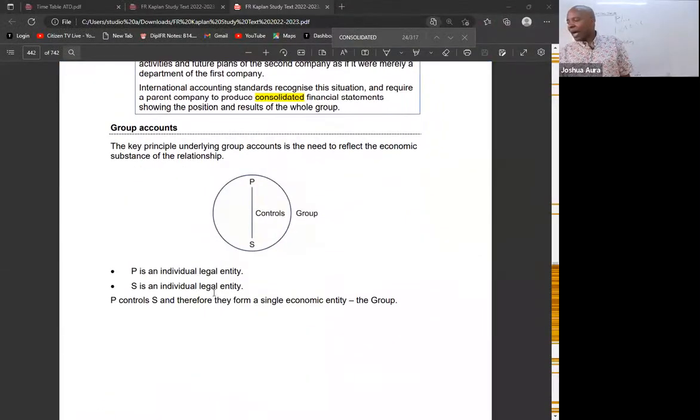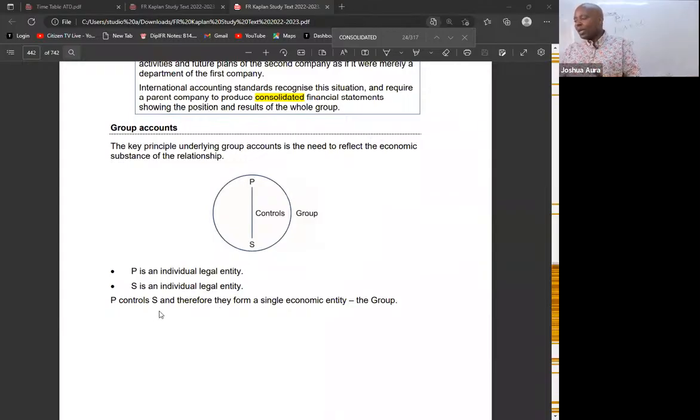Now, group accounts. The key principle underlying group accounts is the need to reflect the economic substance of the relationship. If P controls a subsidiary, then this entire thing circled here is what we call the group. But remember that P is an individual legal entity and S is an individual legal entity.